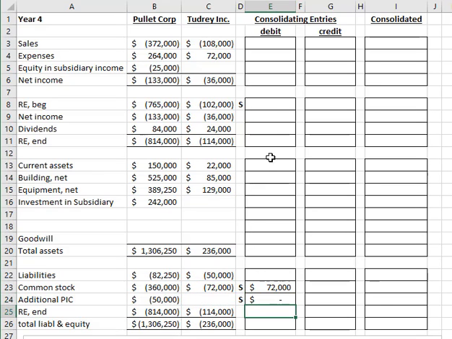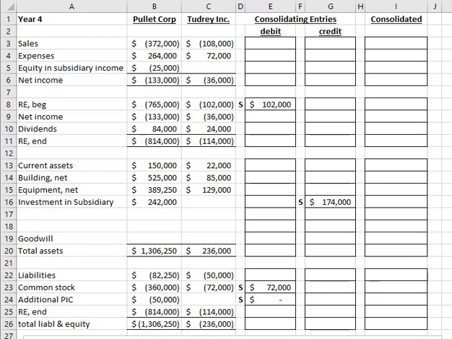Well, nothing in that one, is there? Just a habit. And then the other side is investment in subsidiary. We'll add those two together, or three, even though one of them is 0.